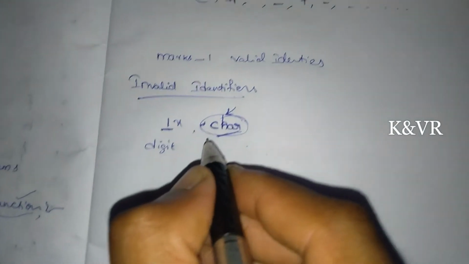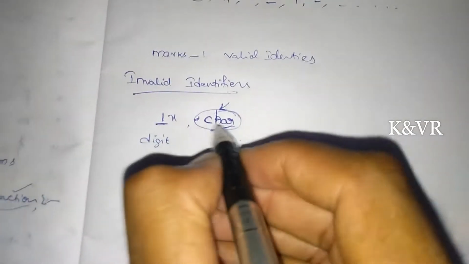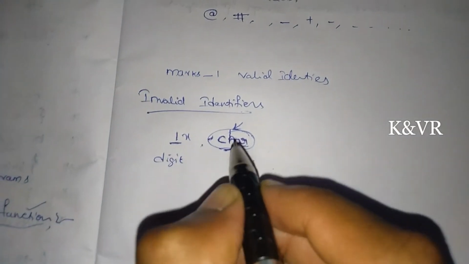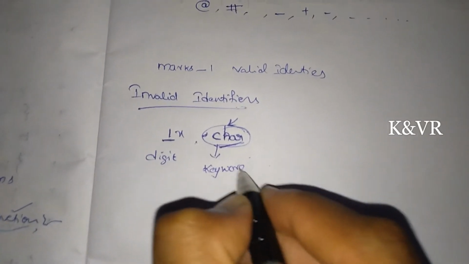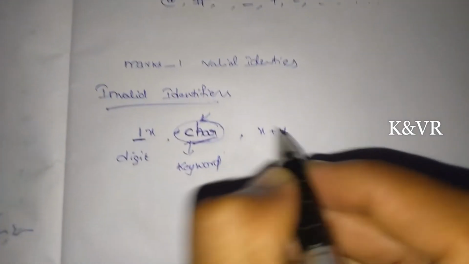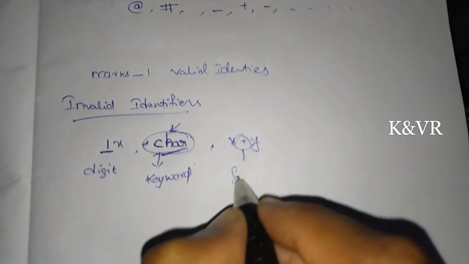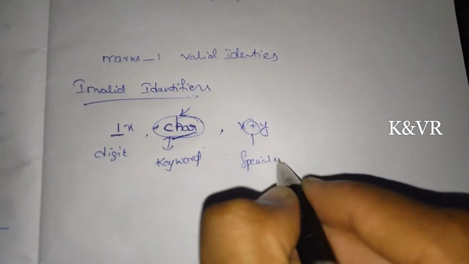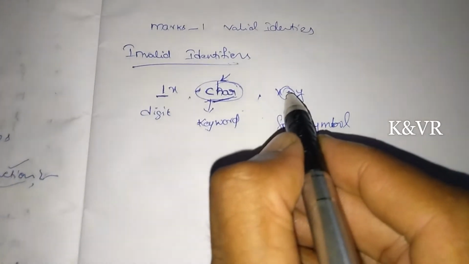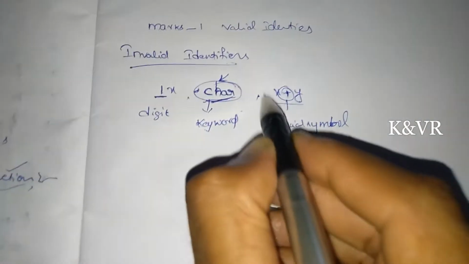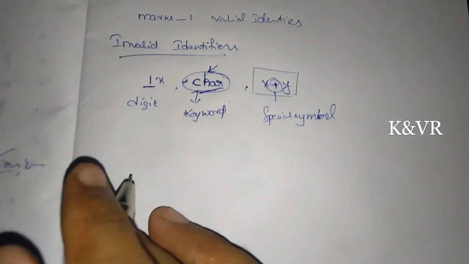Then why is it not a valid identifier? Because char is a keyword. That is the reason why it comes under the invalid identifier section. And x plus y has a special symbol. Plus is a special symbol. That is why it is not a valid identifier.